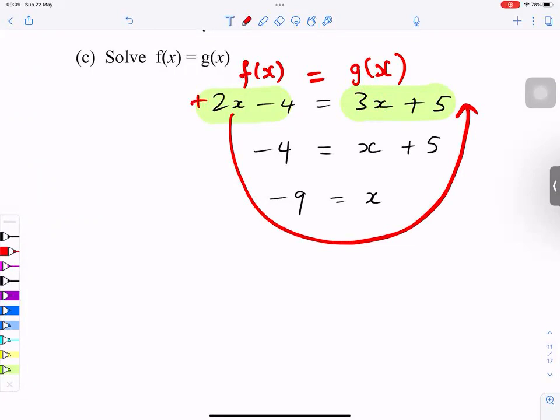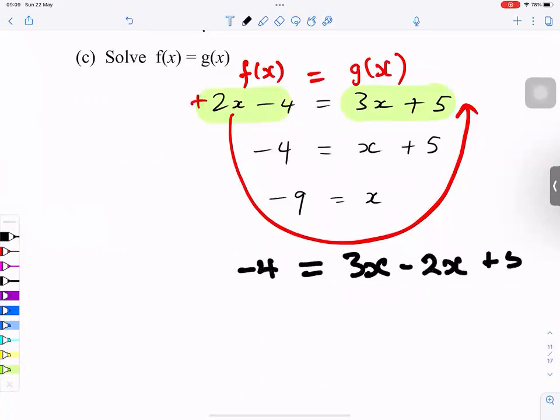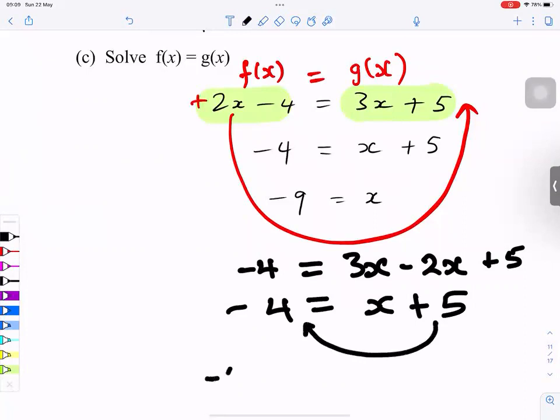Then you have minus 4 equals 3x minus 2x plus 5. 3x minus 2x is x, so minus 4 equals x plus 5. To get x on its own, you take the plus 5 to the left, so it's minus 4 minus 5 equals x. Minus 4 minus 5 is minus 9, equals x.